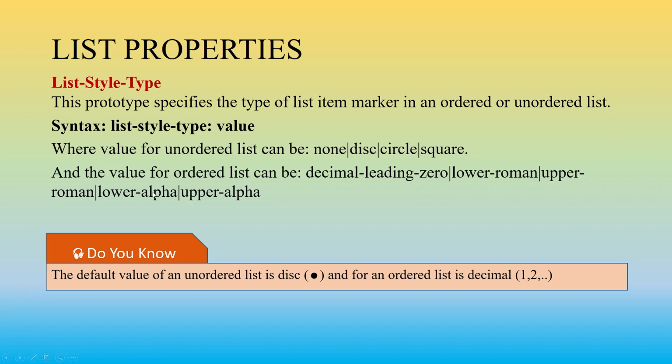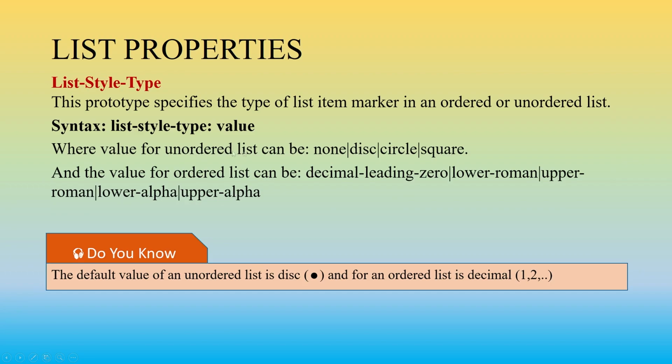The syntax for this is list-style-type with hyphens in between. Then we will put a colon and we will write the value. Instead of this value, we need to write either none, disk, circle, or square, or any other of our choice. And the values for an ordered list can be decimal, leading zero, lower Roman, upper Roman, and lower alpha or upper alpha.